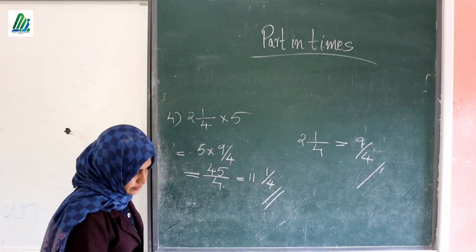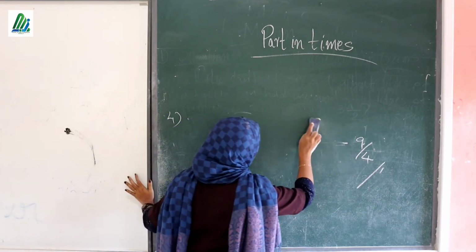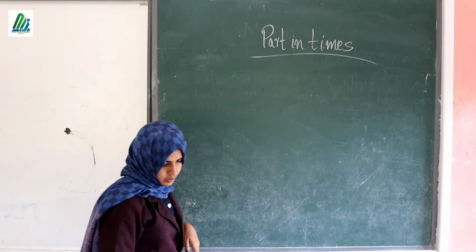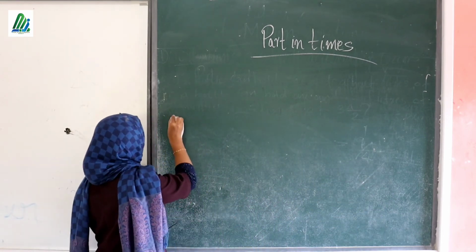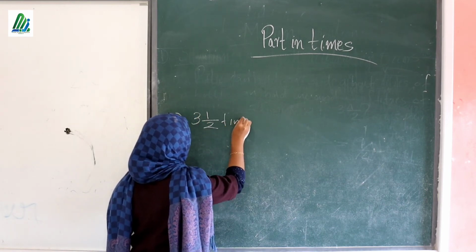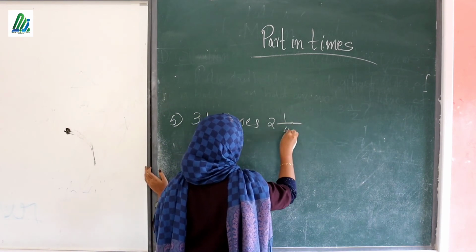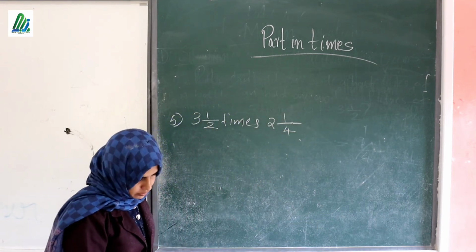The last question is 3 1 by 2 times 2 1 by 4. That's the last question.